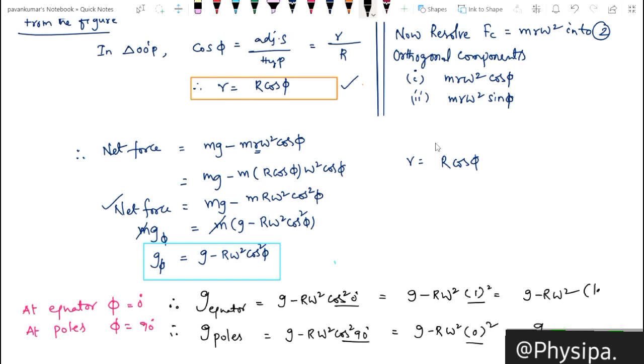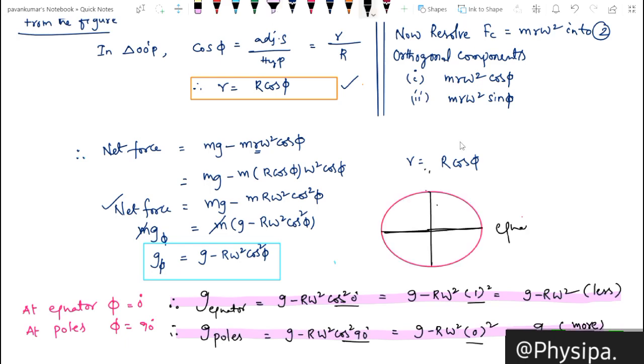At equator the g value is less, and at pole the g value is more. This is Earth equator and this is pole. As we move from equator to pole, the acceleration due to gravity g value increases.